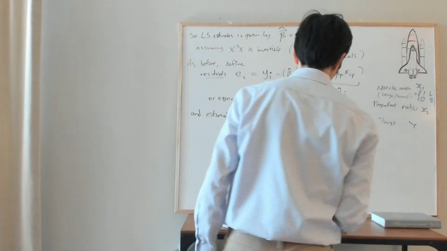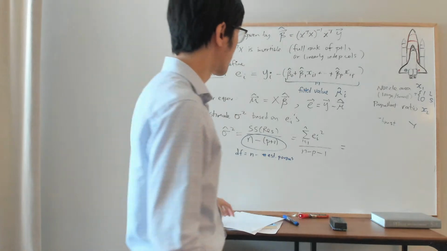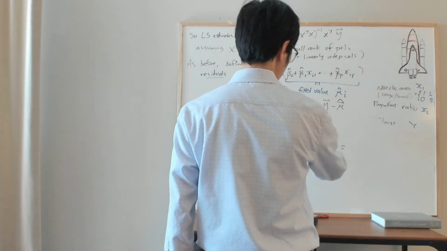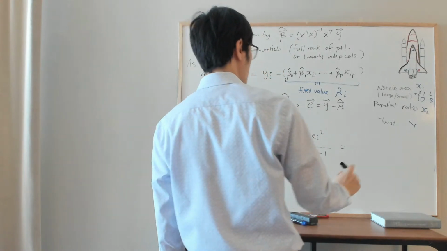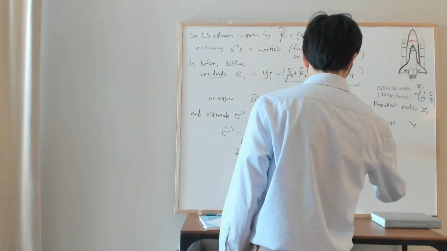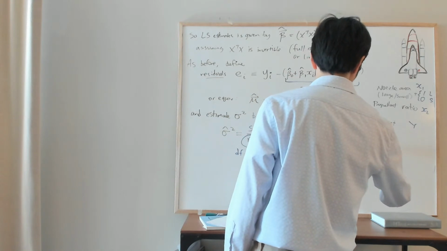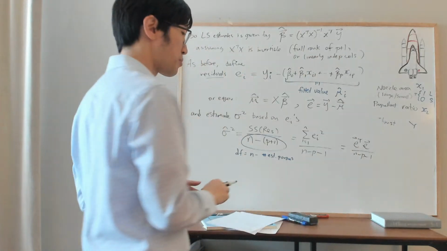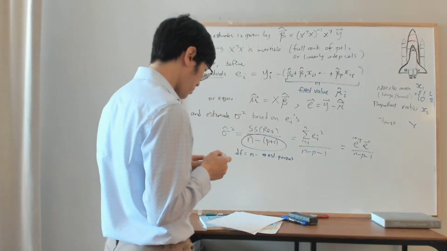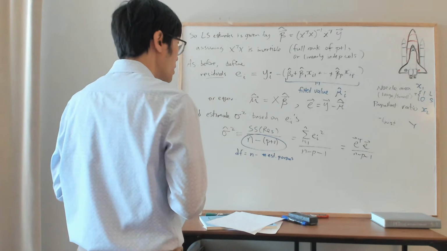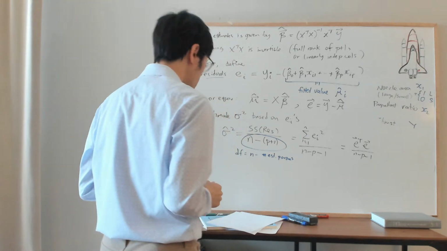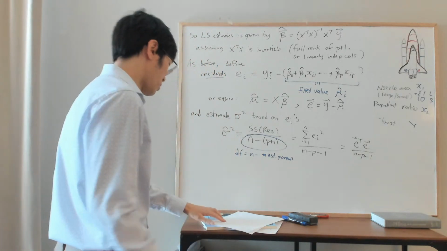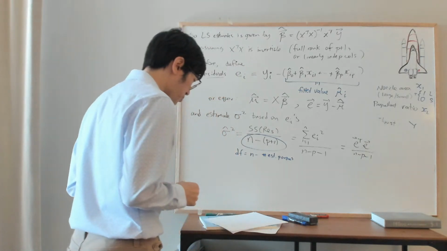Also, just to get in the habit of writing things in vector form, this is the dot product of the e vector with itself, so that's e transpose e over n minus p minus 1. That is the corresponding estimate of the residual variance.